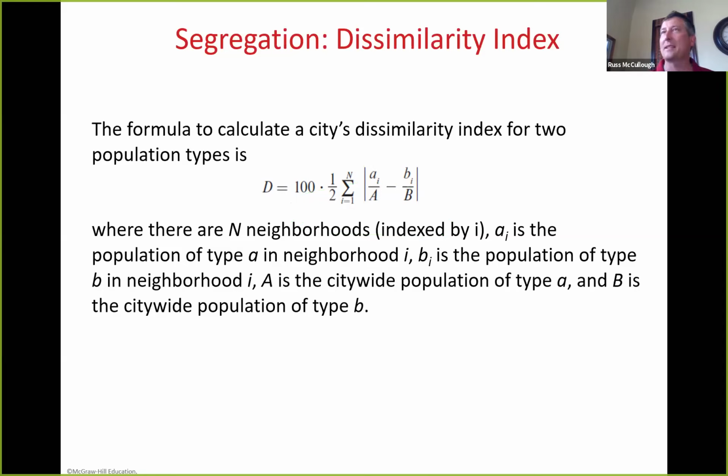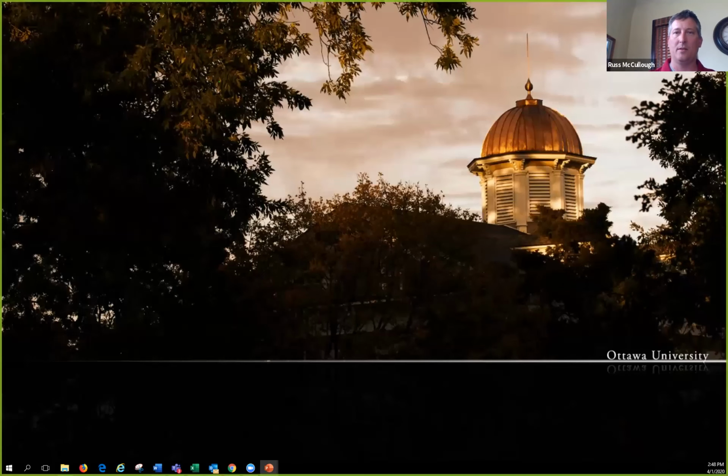In fact, I'm going to switch my screen around because I want to be able to write on my screen. Let me stop share and share desktop 2.